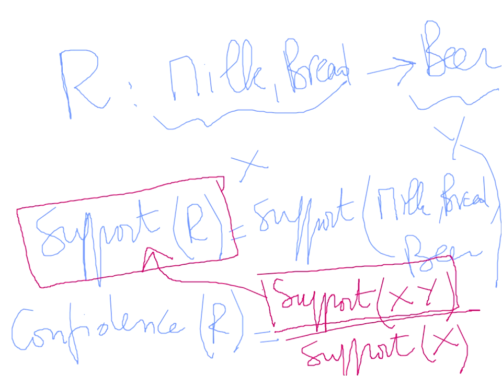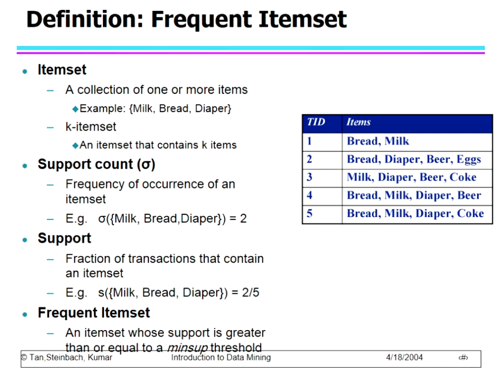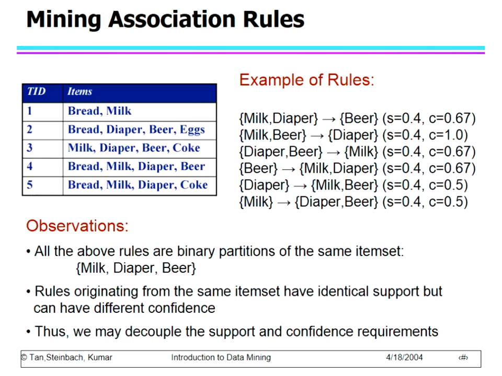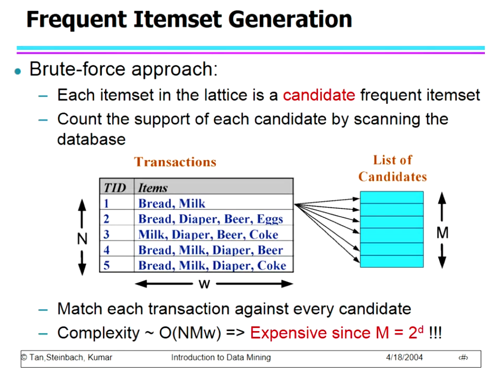This is not the a priori principle. The a priori principle means when an item does not meet the threshold, all the descendants, yes.